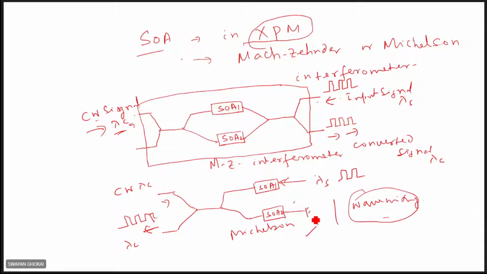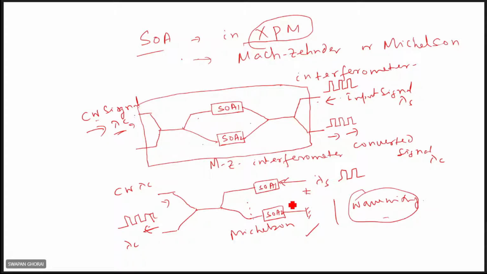This one is a mirror here. Signal light is propagating from this side, right? And this is the reference arm. The Mach-Zehnder has two arms, one called the signal arm and one the reference arm. Here there are also two arms, but it is not closed. So this is the Mach-Zehnder type interferometer, and this is the Michelson type interferometer.